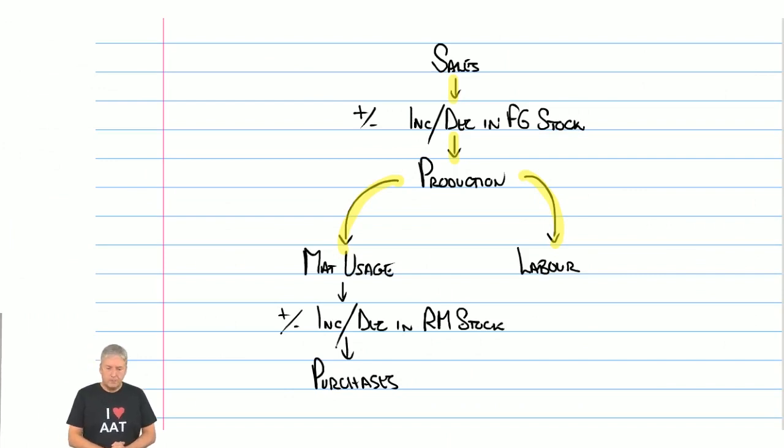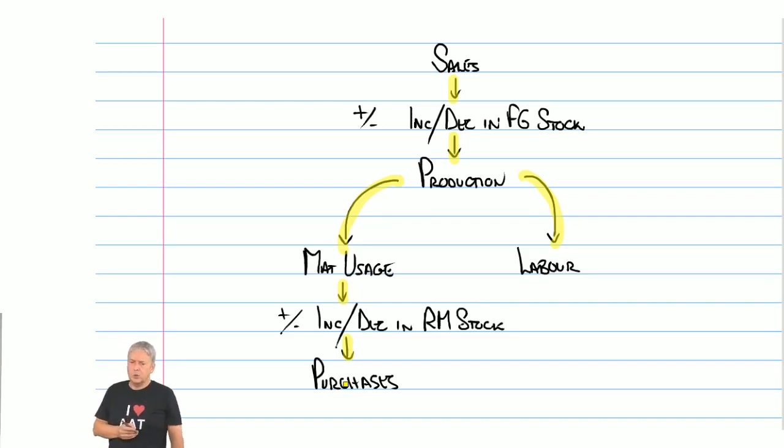And what you have is them sitting there in front of you. Now, that's the base. You've got your base. Sales to production, production to material usage to purchases, and production to labour as well.